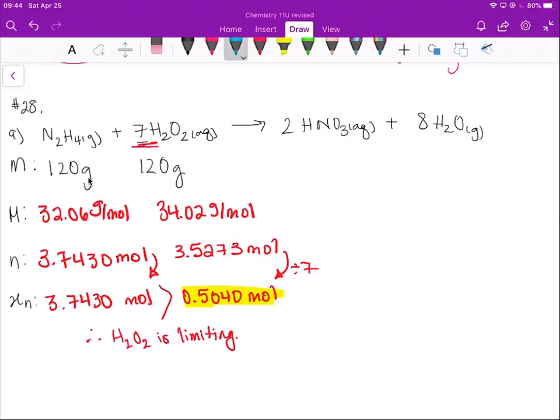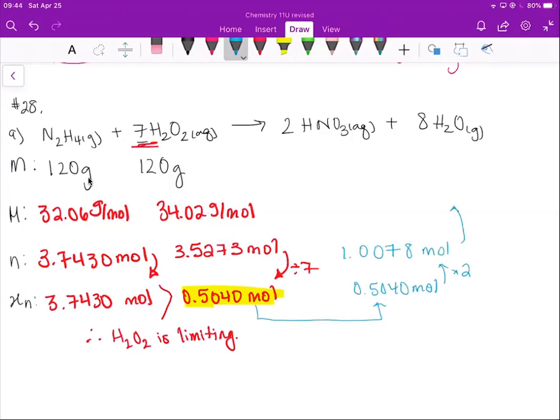The second part of the question is asking how much nitric acid is being produced. So remember, it's this number here that we're going to pull over. It has the numbers scaled for the coefficients. And so I'm going to put 0.5040 moles. What am I multiplying by? I'm multiplying by 2, giving 1.0078 moles.